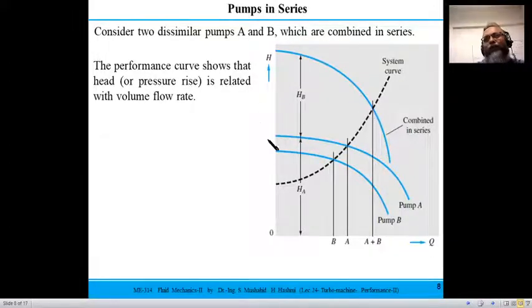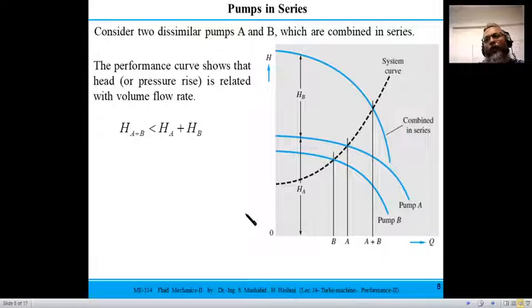So this actually brings us to the issues when you combine two dissimilar types of pumps. Normally, when you put pumps in series, you generally need a higher head. But if you have two pumps working separately and you add their heads, your combined head would be slightly less than that, at a given, fixed flow rate.